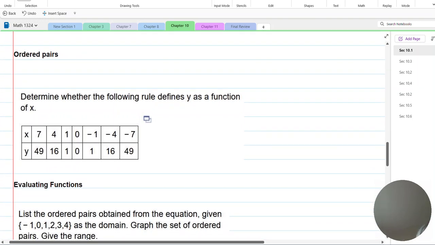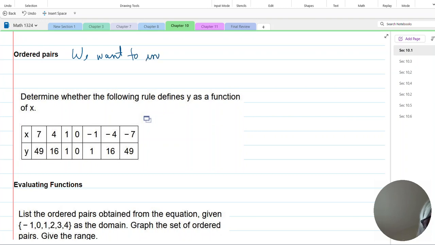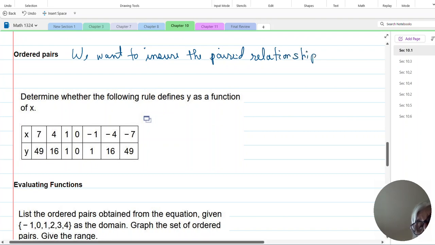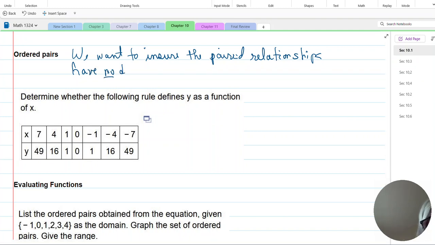Now we're talking about looking at ordered pairs. Again, we want to ensure the paired relationships have no duplication of x's.